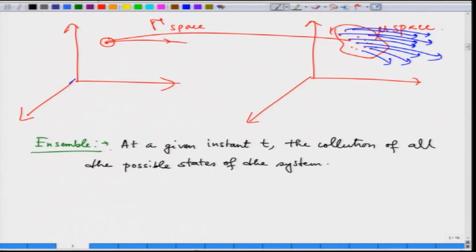So, for every second you have one single point of gamma space. Then after a sufficiently long time, you have a collection of such gamma space points.